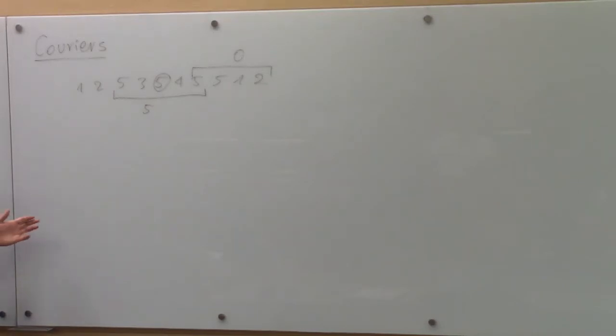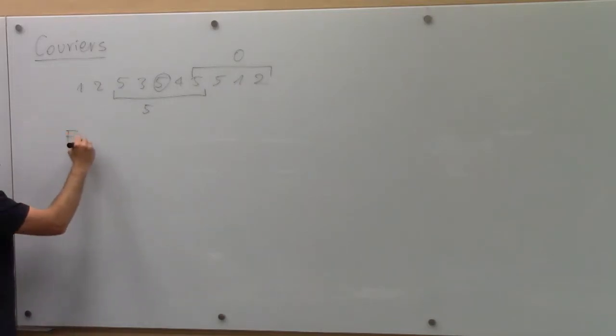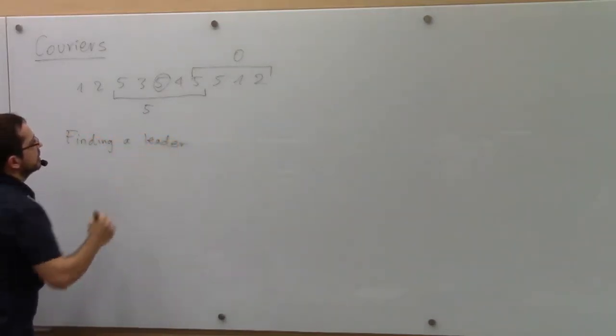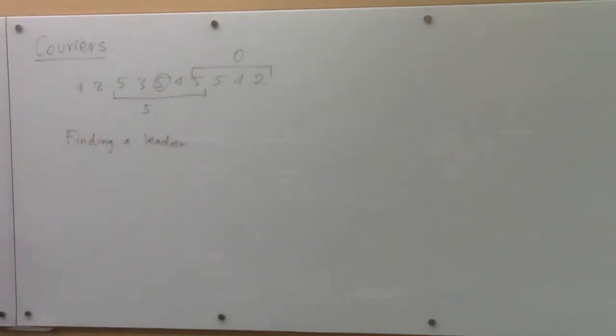But here we need to find leaders for smaller parts of the sequence, and we have multiple queries. So this is finding a leader in a sequence, and for one sequence there are actually several ways to do this.